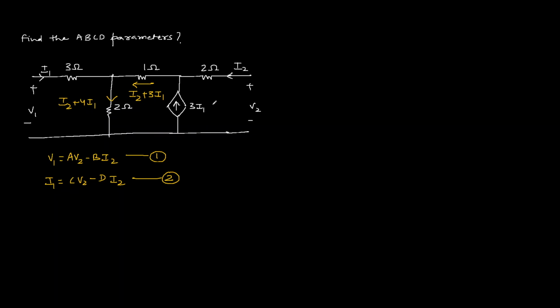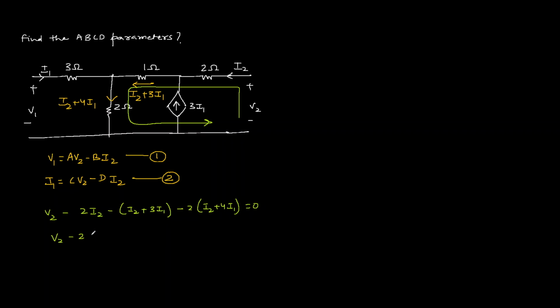Now let us apply KVL in this loop. So rise in voltage V2, then drop across 2 ohm resistance is 2I2, then drop across 1 ohm resistance is (I2 plus 3I1), and then drop across 2 ohm resistance is 2 (I2 plus 4I1).